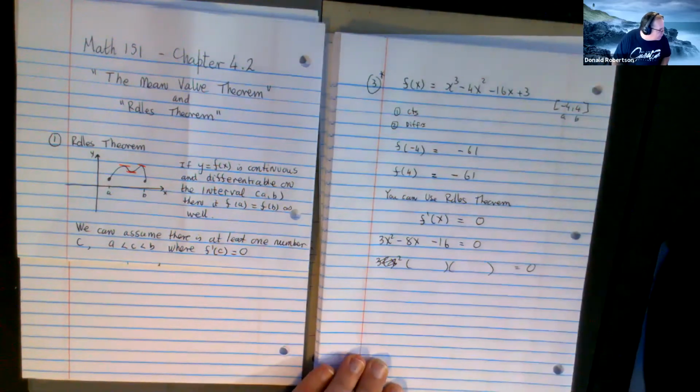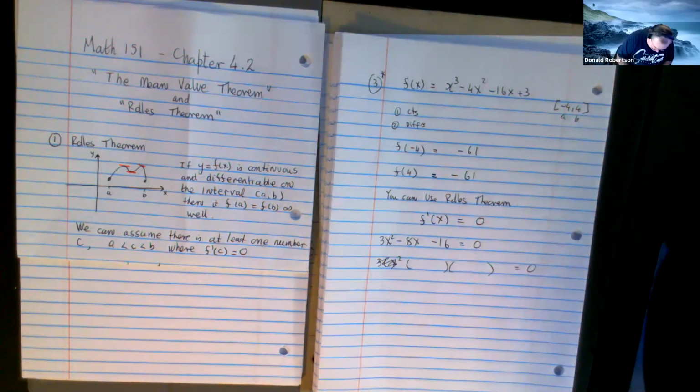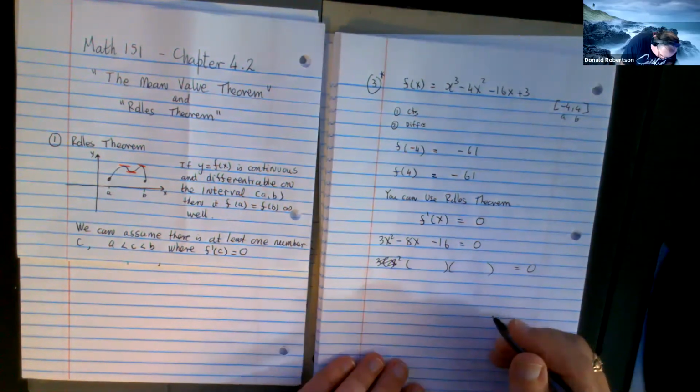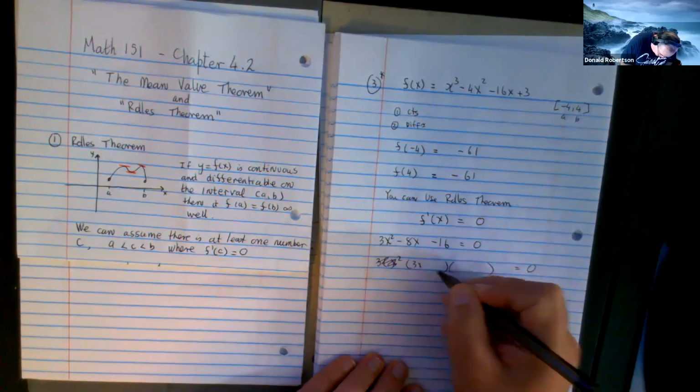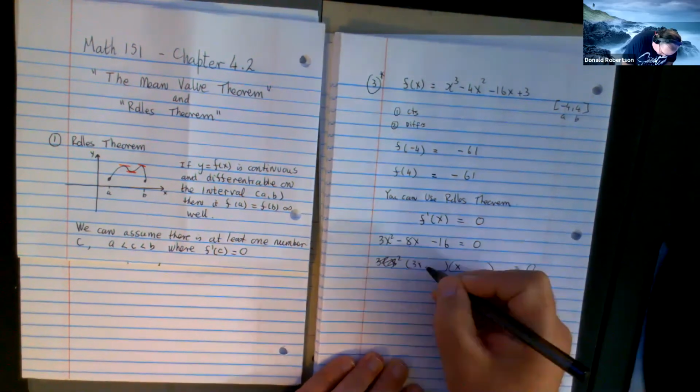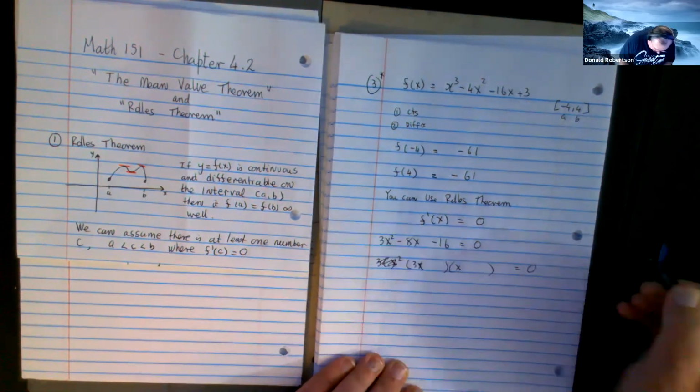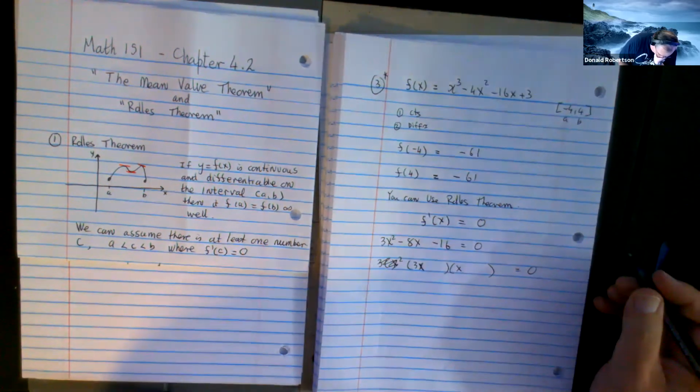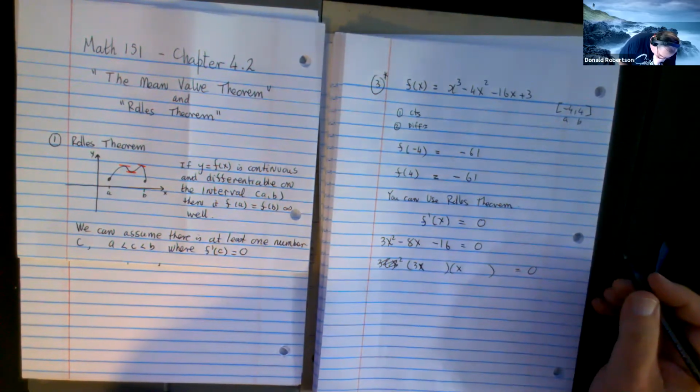What am I looking for? Well, I'm looking for a 3x and an x, that's for sure. And I'm looking for a plus and a minus. And what am I going to look for? 2, 4 and a 4.